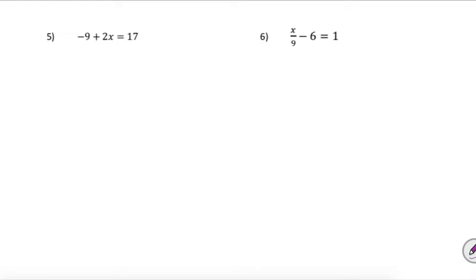So number 5 we have negative 9 plus 2x equals 17. So again, if I have PEMDAS up here, I'm looking to undo addition and subtraction first. So I need to undo this piece to try to get x by itself. Minus cancels with addition. They add to 0.